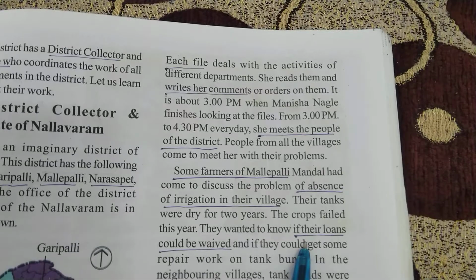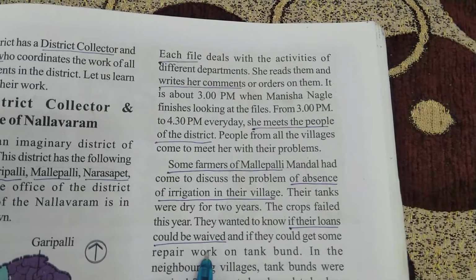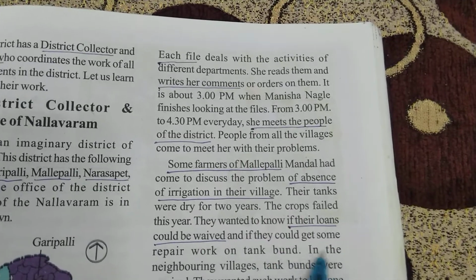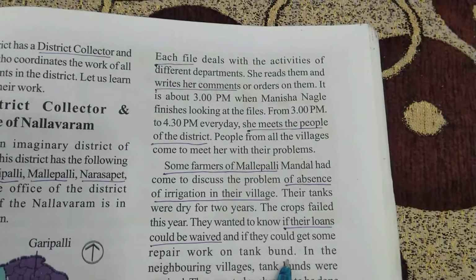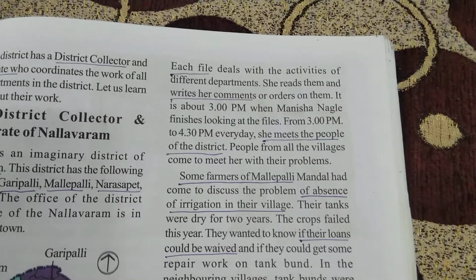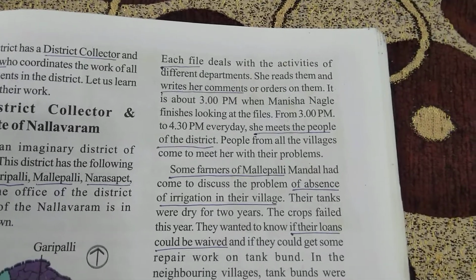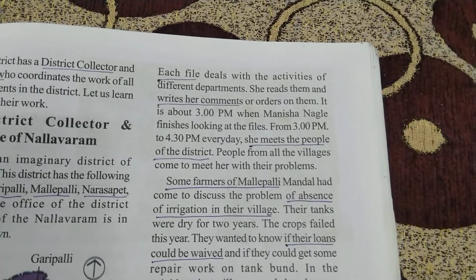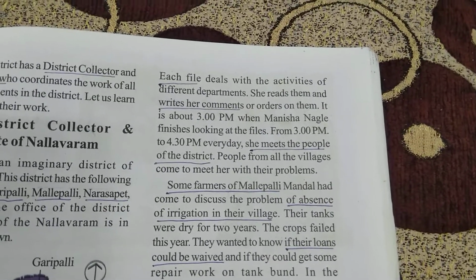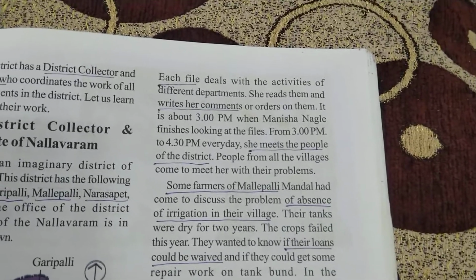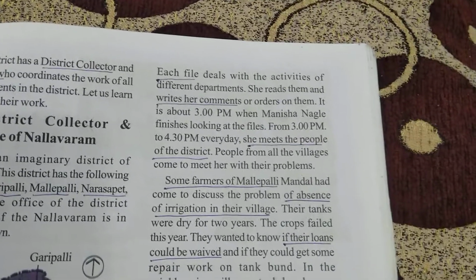They wanted to know if their loans could be waived off and if they could get some repair work on the tank bund. So why did they come to meet the collector? They want to know if their loans could be waived off. Waived off means written off; they need not pay back to the banks. So if the loans are waived off, farmers need not pay that amount to banks.